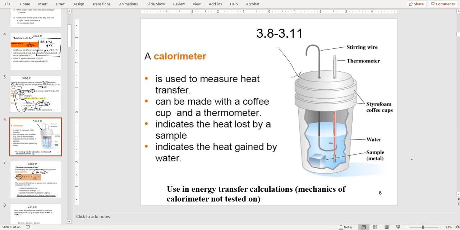And inside we have our substance with water that is surrounding it. So the substance is immersed in water. And then we have a thermometer right there. So this is called a calorimeter because it allows us to calculate out the transfer of energy using the change in temperature.